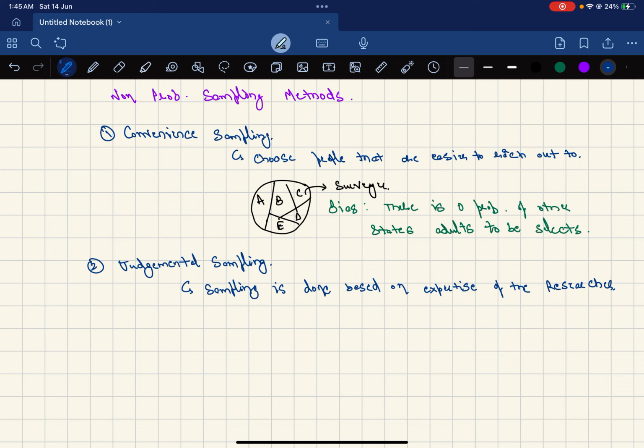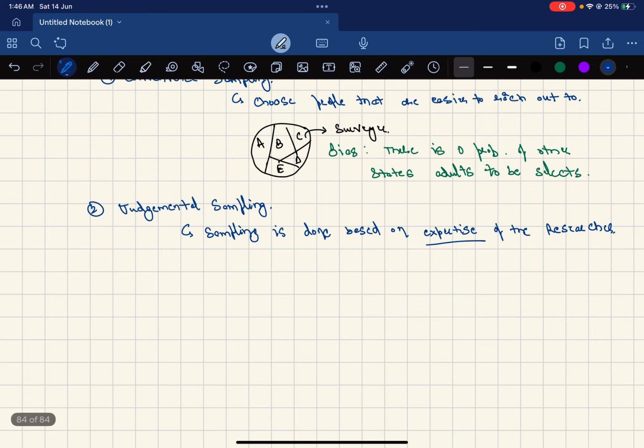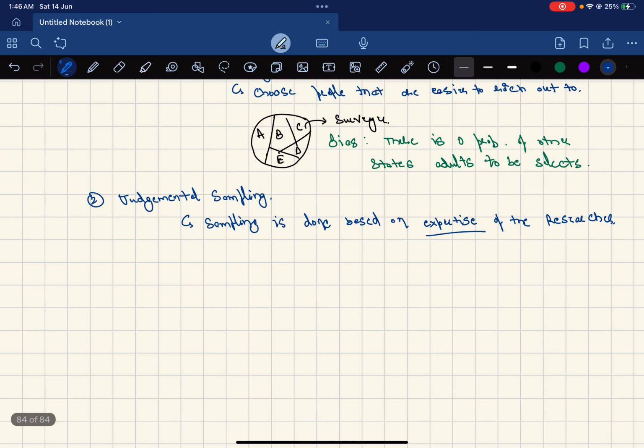For example, it is possible that there is a survey which only targets certain medical practices, and therefore based on the expertise of the researcher, he would want to take a survey only for those kind of people who might have a better understanding of medical services. In this particular case all the other adults would have a very low probability of getting selected for the survey, and therefore this is again a non-probabilistic method in that sense.